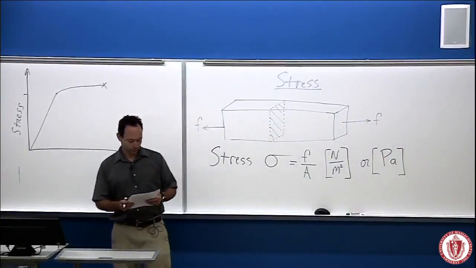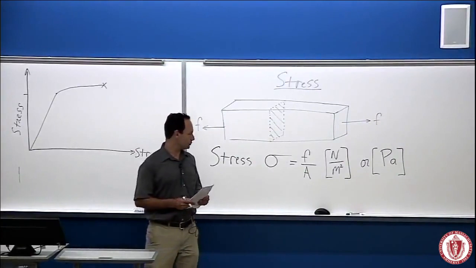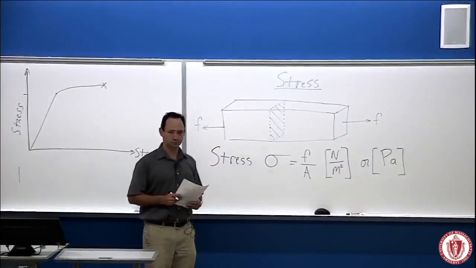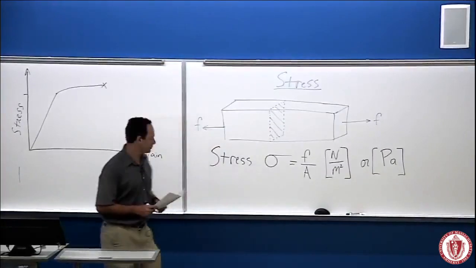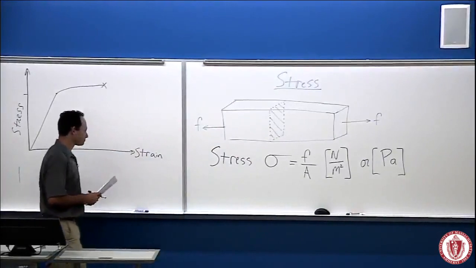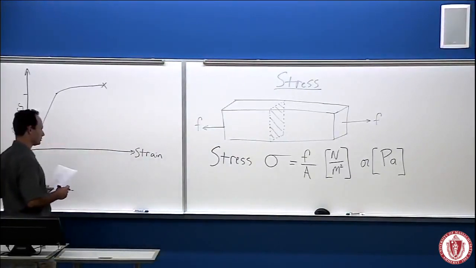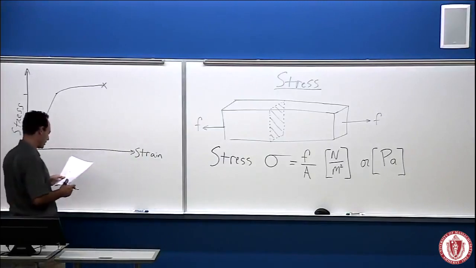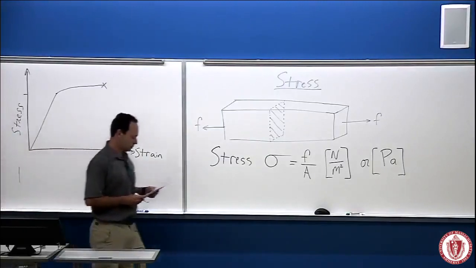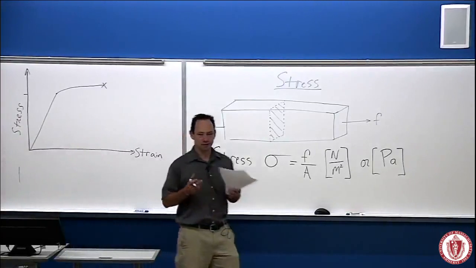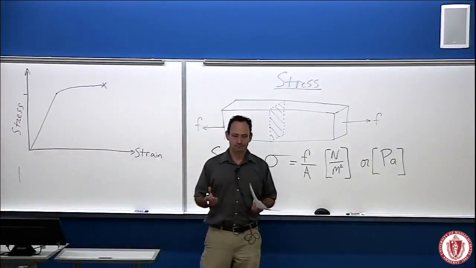So, most materials, when you apply a stress to them, behave like this figure shown here on the left. Let me explain this x-axis first of all. It's not really the amount of stretch that matters.